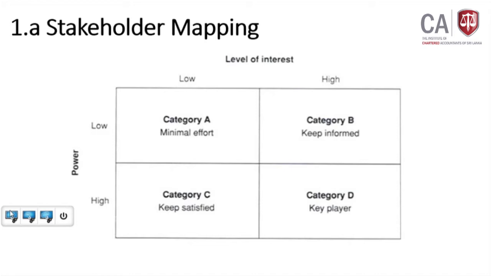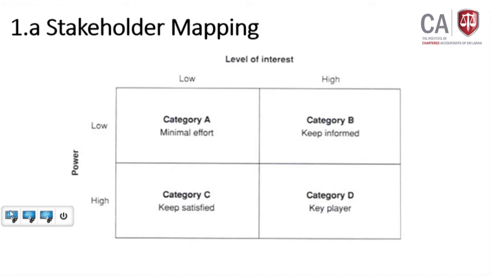For example, general public. Under normal circumstances, interest of general public on organizational activity may be low, at the same time power is also low.